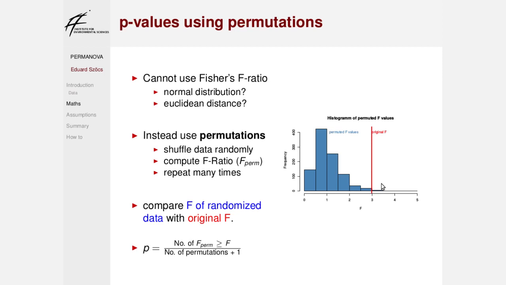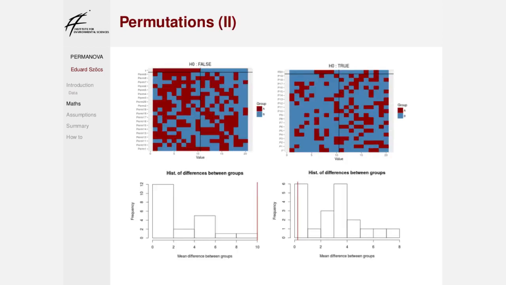Well, this might be a little bit hard to get, so here's another, simpler example. This is just for a t-test. Here on the left side I have an example where the null hypothesis is false. The null hypothesis of a t-test is that there is no difference.